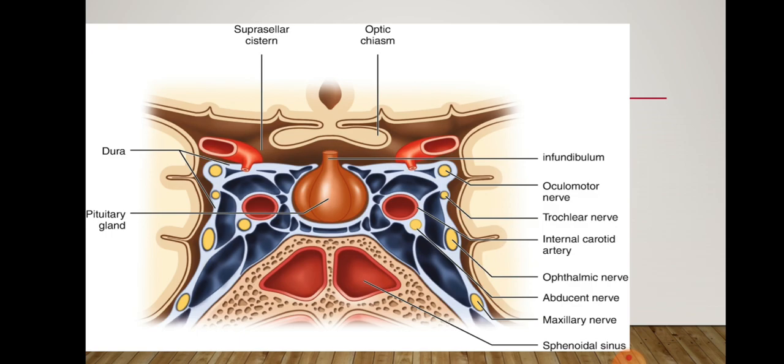so this is the section to show the cavernous sinus and its relations. I hope you remember this cavernous sinus. That's a very important theory question for you. The medial wall of the cavernous sinus is related to the pituitary gland above and the sphenoidal air sinus below.